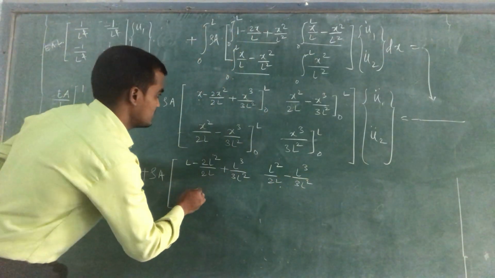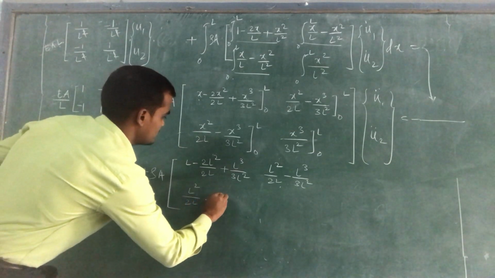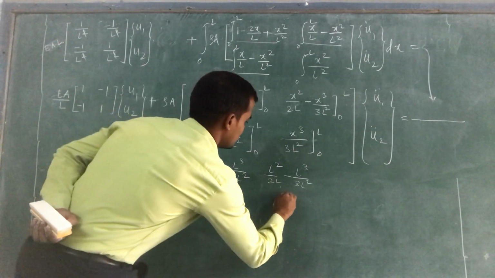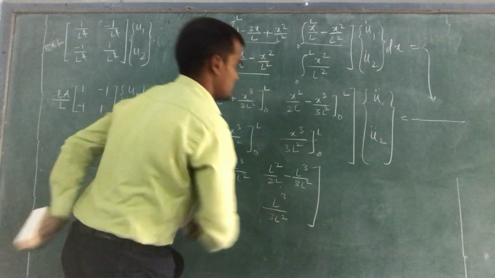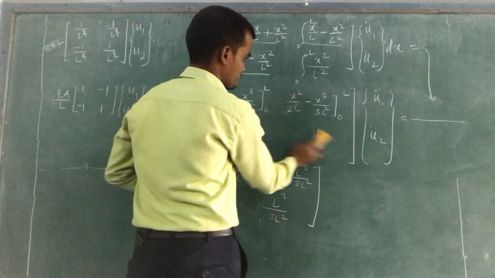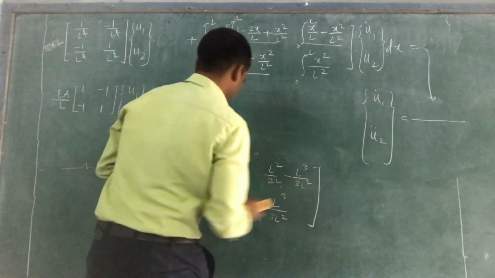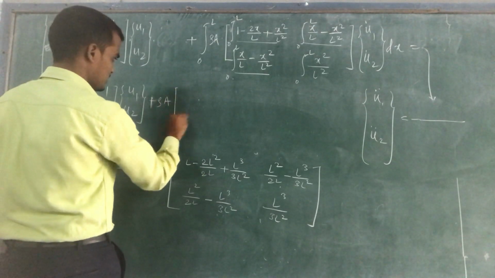Then L square by 2 times L minus L cube by 3 times L square. And finally L cube by 3 times L square. This is the matrix. So finally this will become plus rho A in bracket.